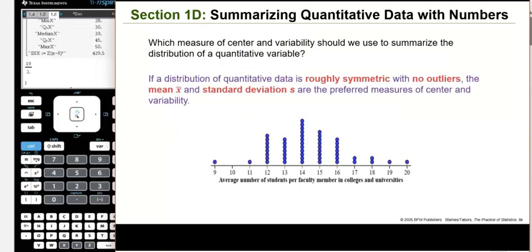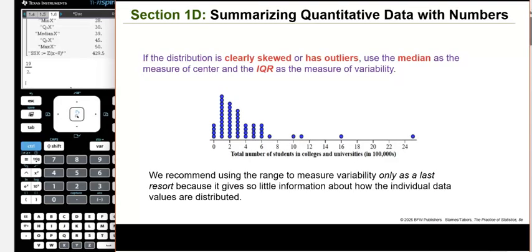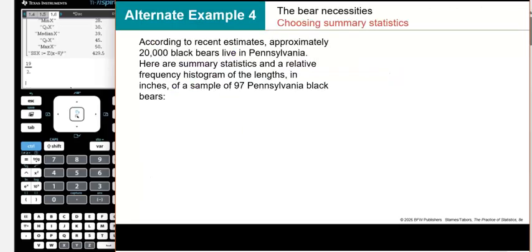If it's roughly symmetric, mean and standard deviation all day long. If it's skewed, IQR or median all day long. We recommend using the range to measure variability only as a last resort, because it gives so little information. Sometimes we don't know the data values, so we just have to use the range, and that's okay.